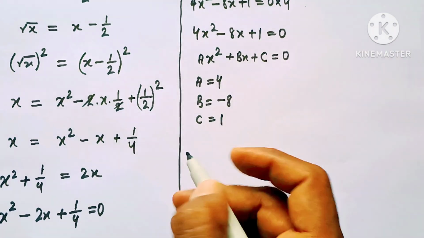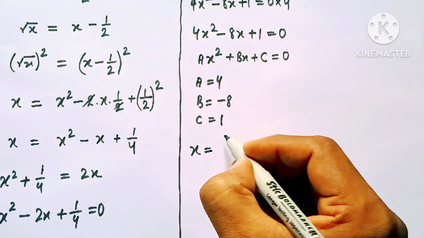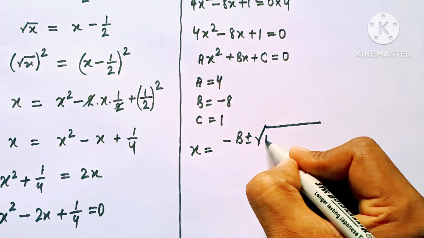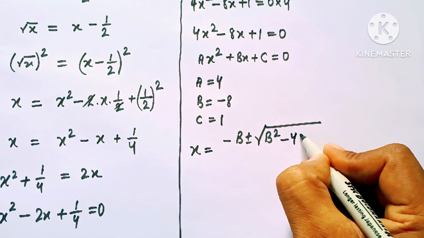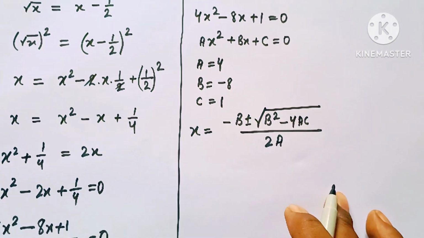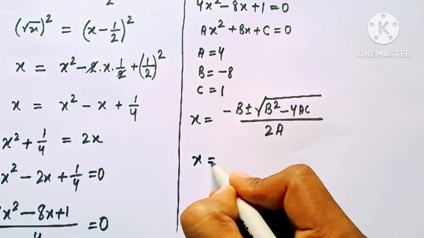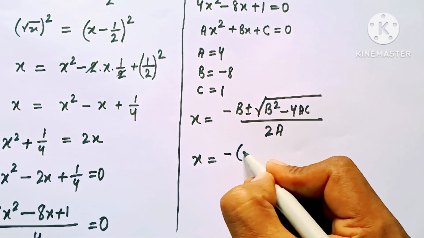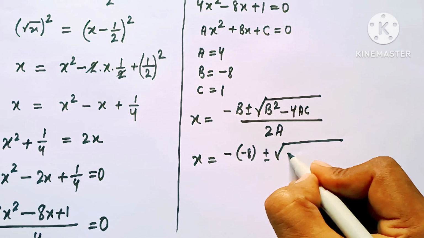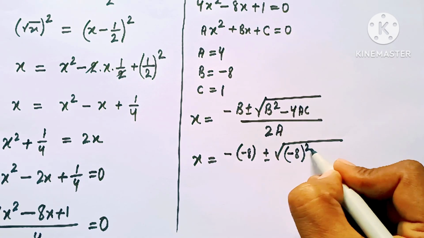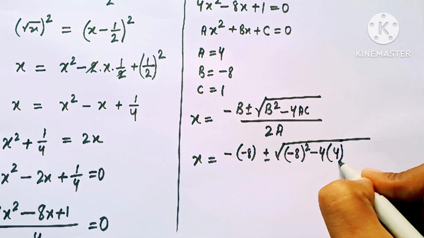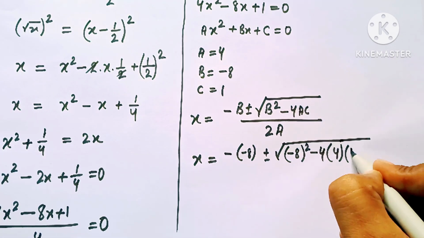So I'm getting the value of x by putting in this formula: negative b plus minus root under b square minus 4ac, divided by 2a. I have minus of negative 8 plus minus root under negative 8 square minus 4, a is 4, and c is 1.